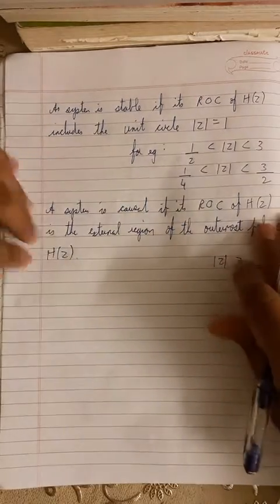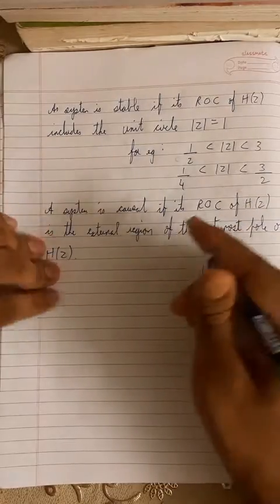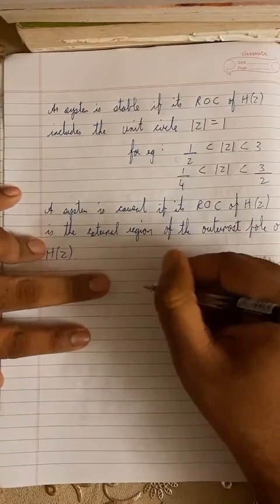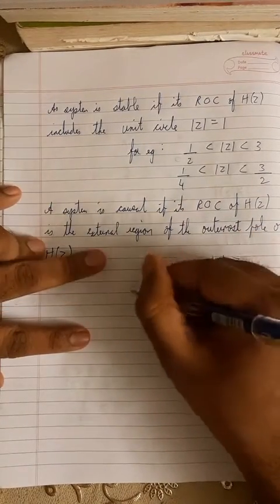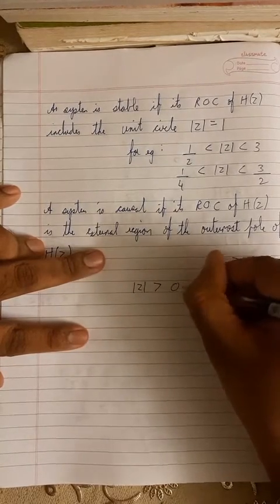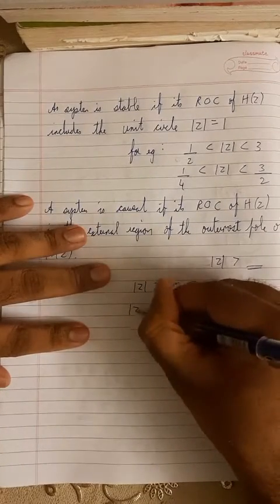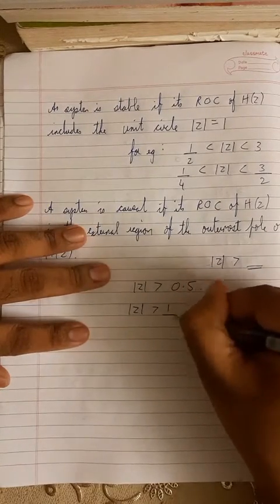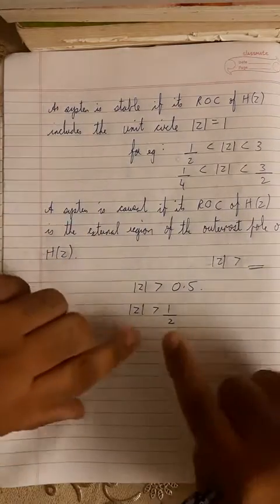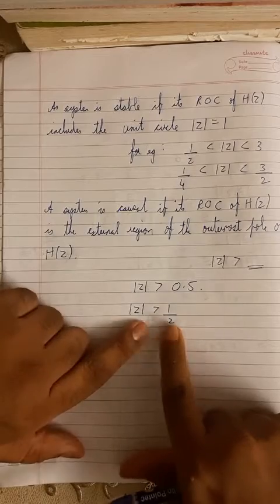Let me just give you one brief example and check whether the system is stable or not. Suppose I say that magnitude of z is greater than 0.5, or 1 by 2. So is this system stable? Yes. Why?